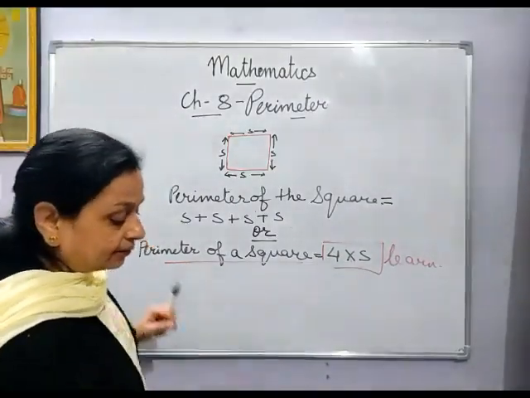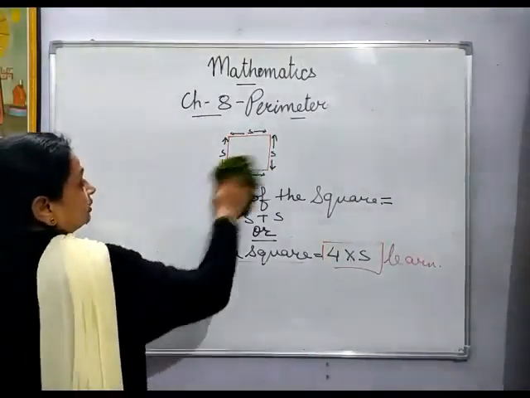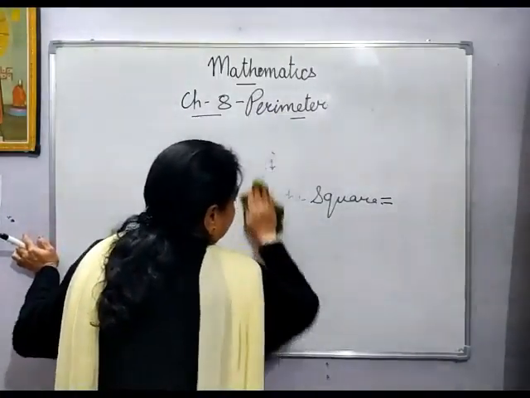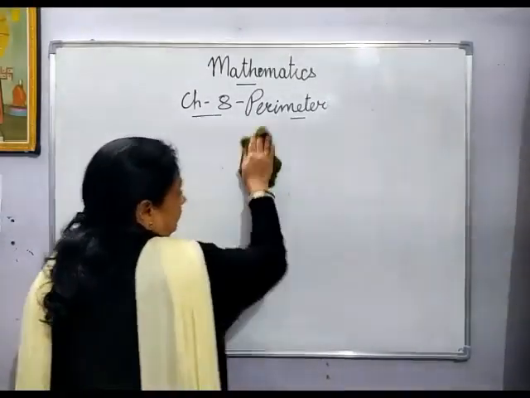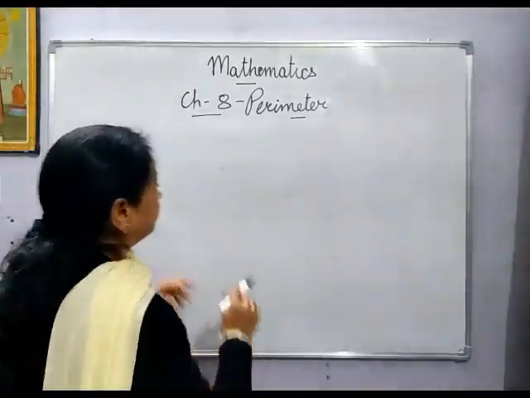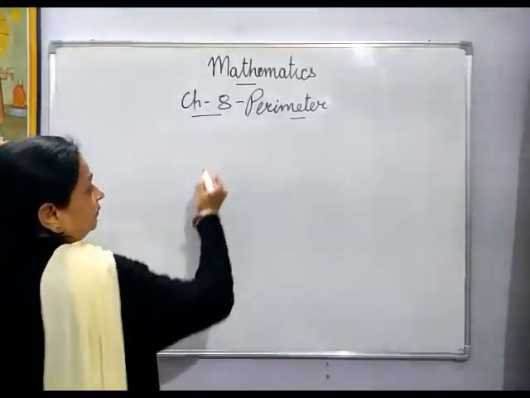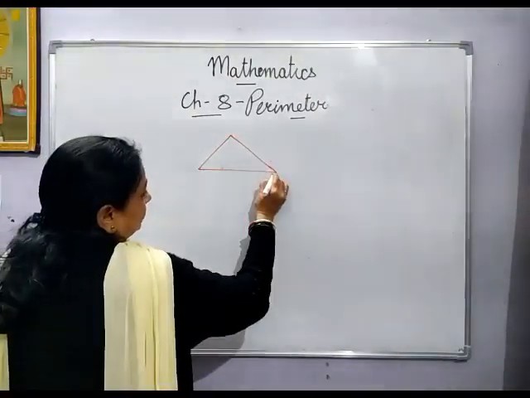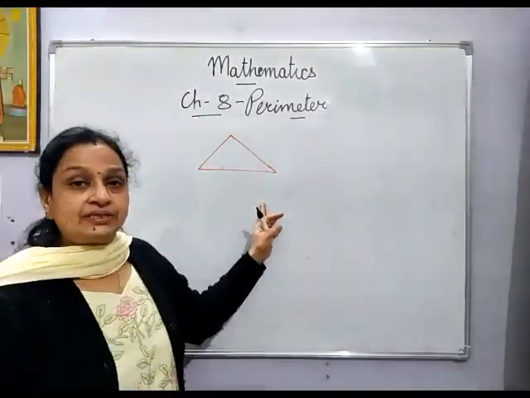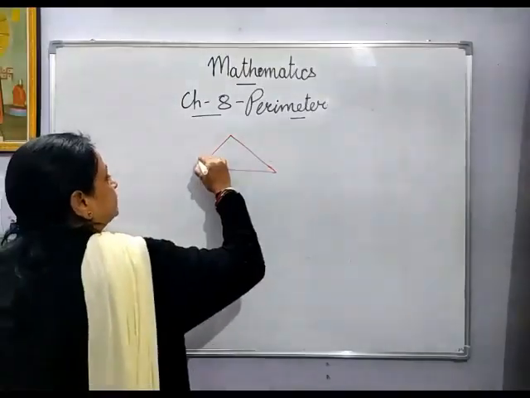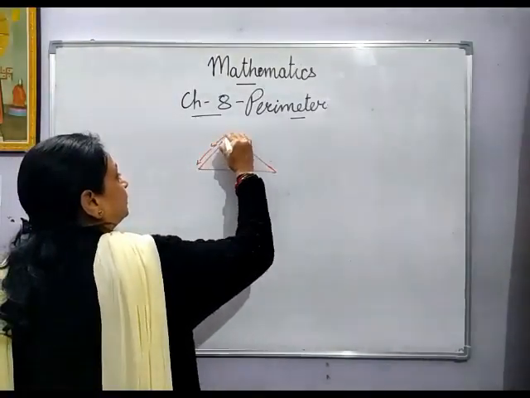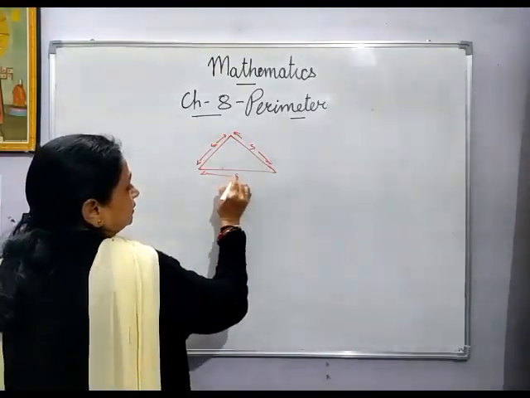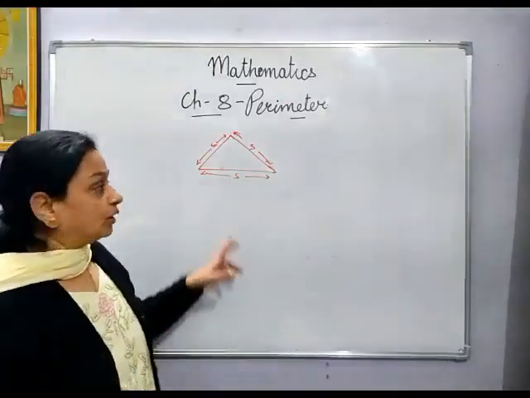Okay, and then another one is the perimeter of a triangle. Triangles, if you have studied, can be of many types, but we will be simply doing one triangle. This is a triangle. Triangle means a closed figure having 3 sides. Suppose I take this as one side, this is another, and this is your third side. Now what will be the perimeter?